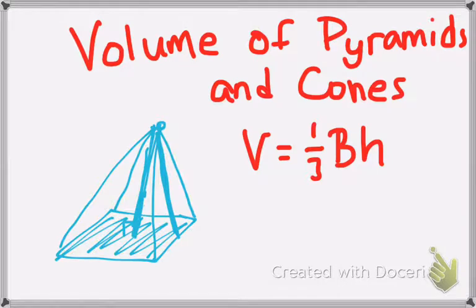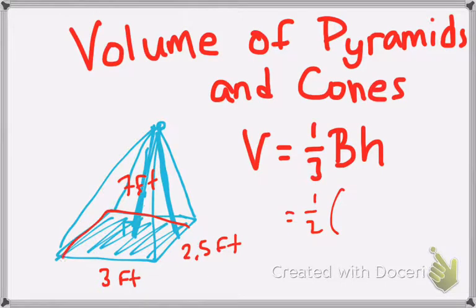So let's just do a quick example. Let's say that this has dimensions of 3 feet and 2.5 feet and a height of 7 feet. Okay, so to find the volume, it's just 1/3.